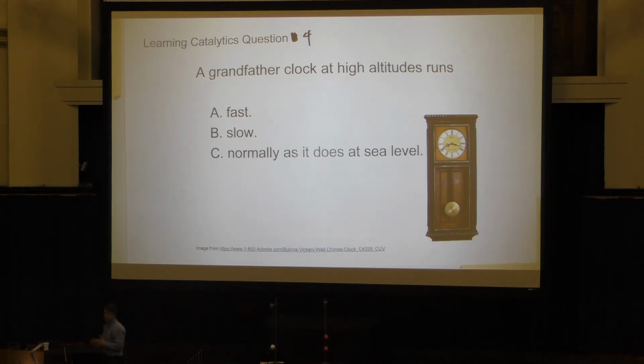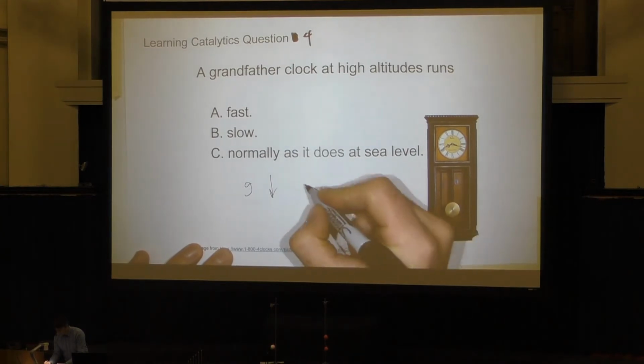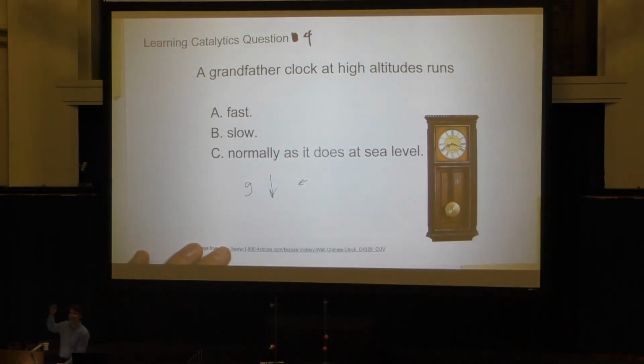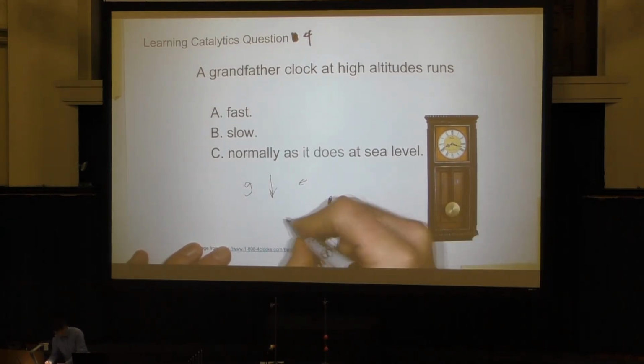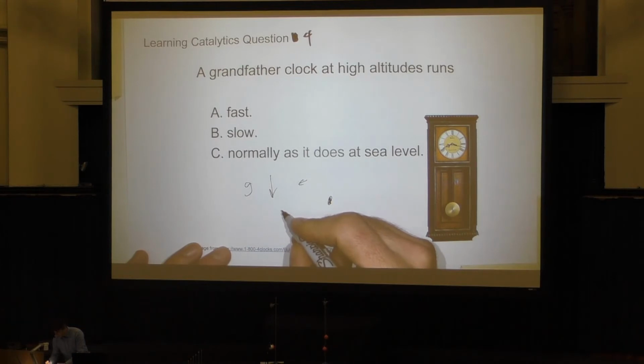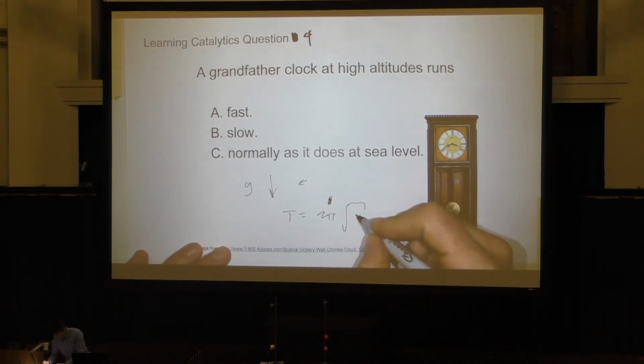And that's what this question is about. I think if you go up, gravity will decrease slightly, right? Instead of 9.8, it's like 9.79 or something like that. And then it's just the period, which is what you want. The period is 2 pi times the square root of L over g, right?